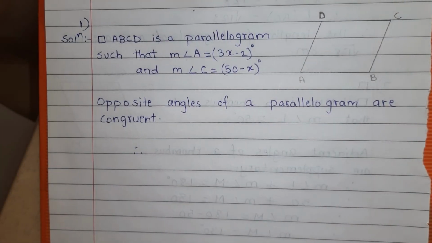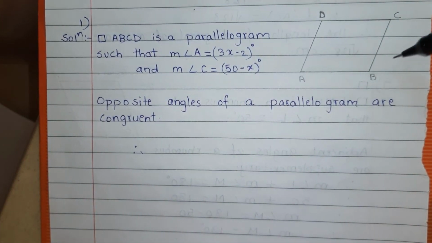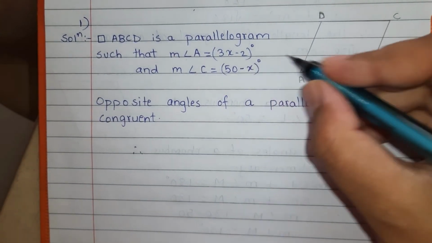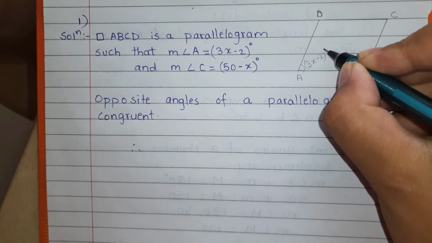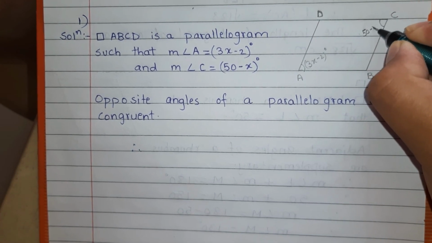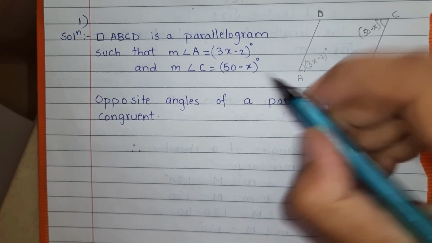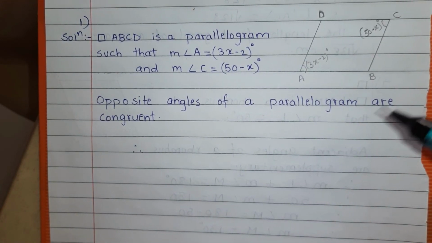Now the diagram is not given, so we will draw a diagram for our convenience. So quadrilateral ABCD is a parallelogram in which angle A is 3x minus 2 degrees and angle C is 50 minus x degrees. Why? Because these two are opposite angles.